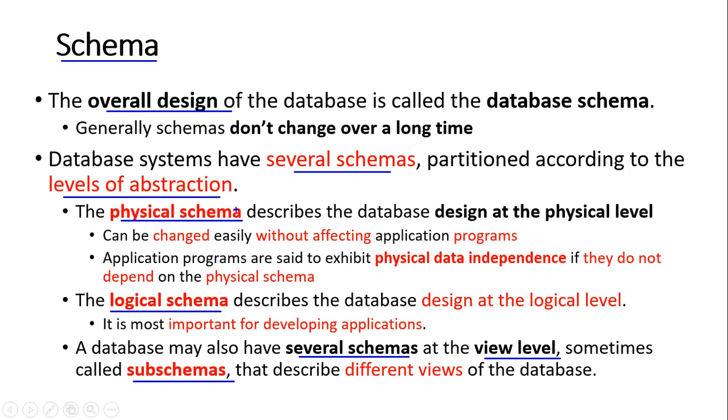Let's quickly look at what will be there in the physical schema. We know very well that at the physical level we deal with how the data is stored and what type of access the database has. So the physical schema will describe the design of the database at a physical level.